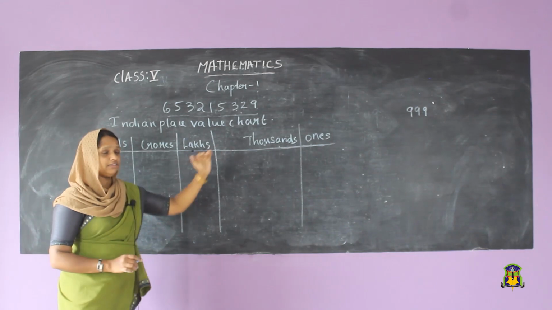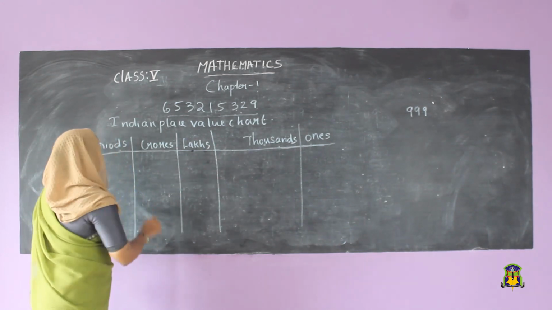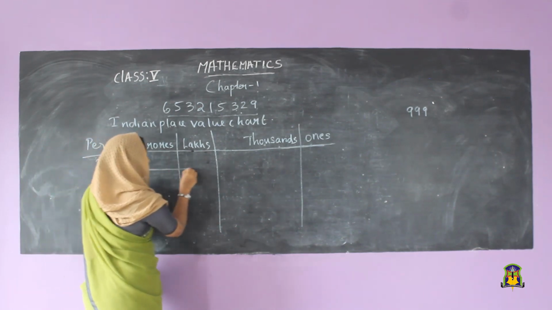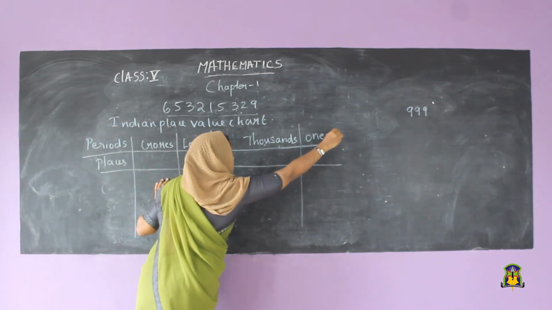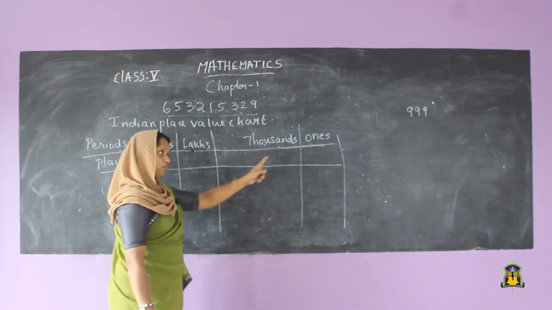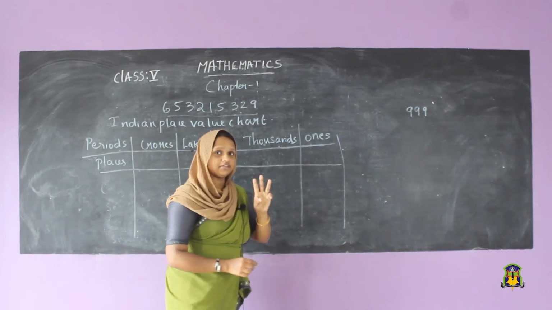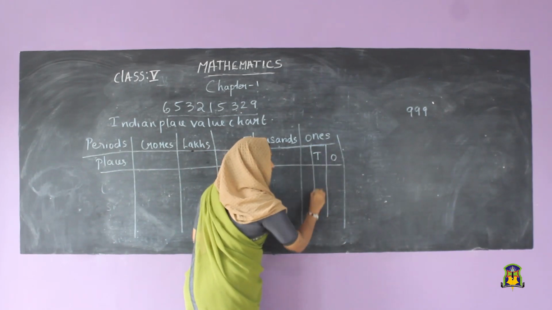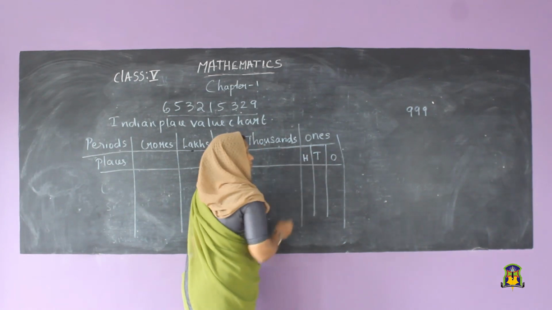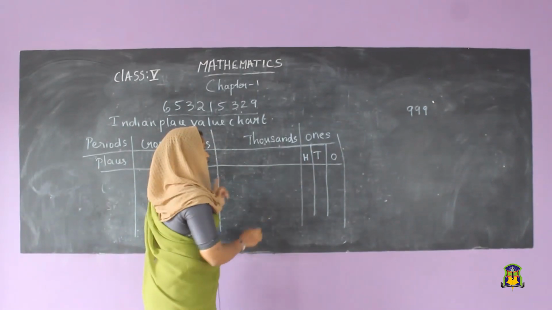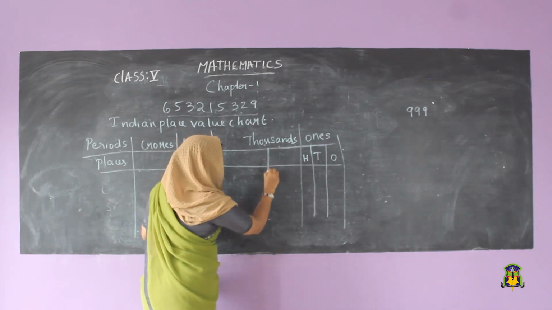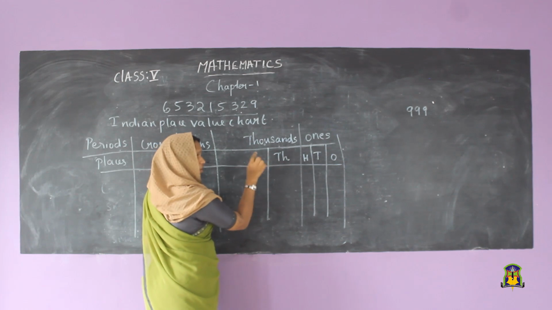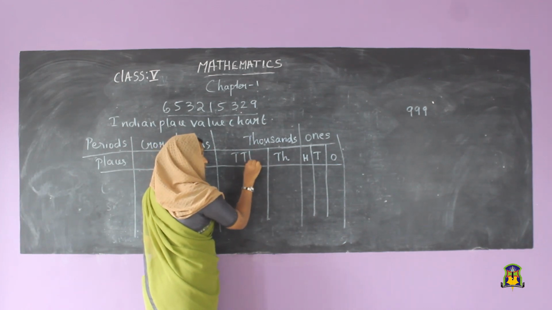Again we are dividing these periods into places. For ones there are 3 places: ones, tens, hundreds. Next, for thousands: thousands and 10,000s.